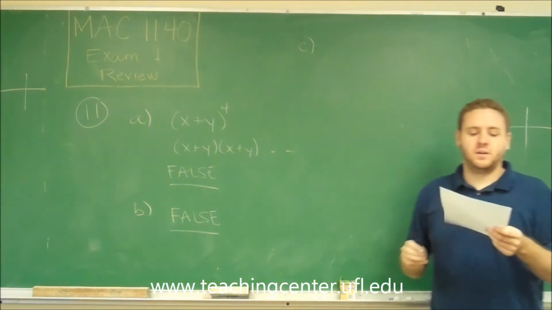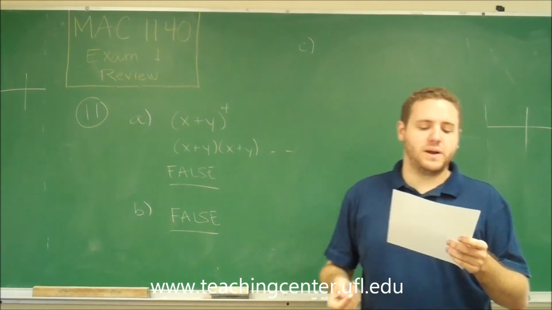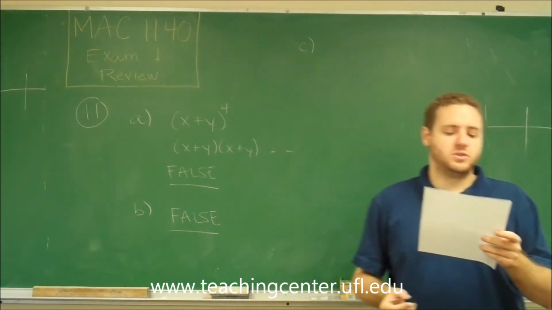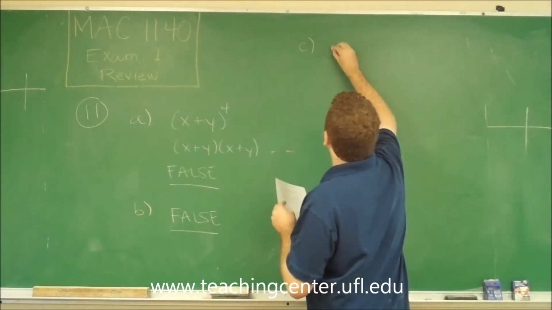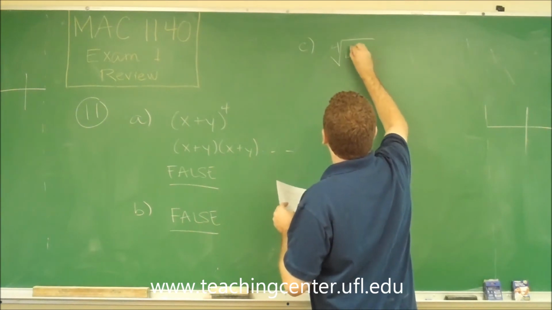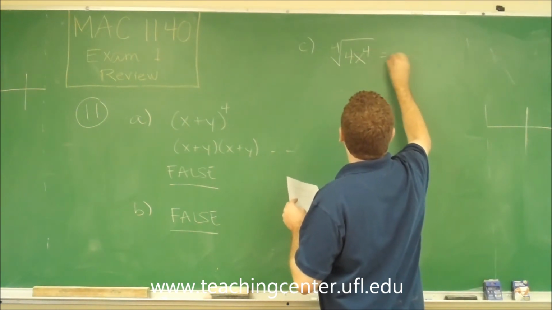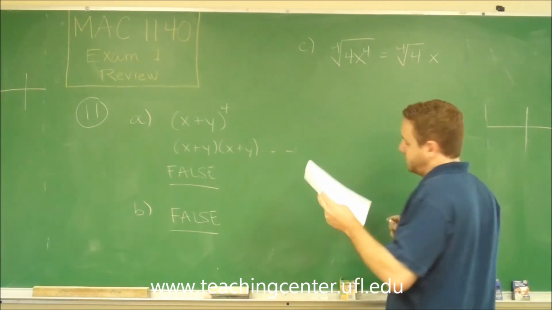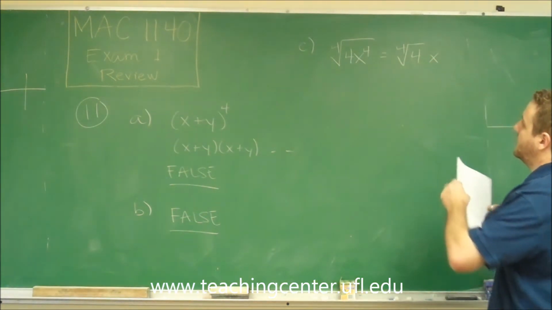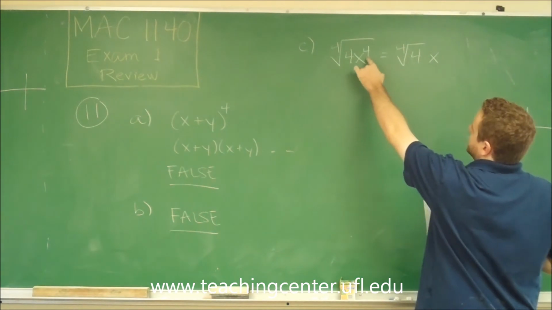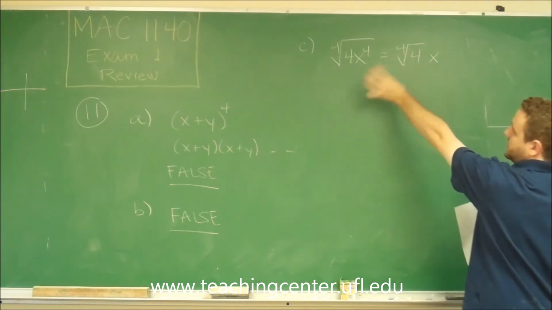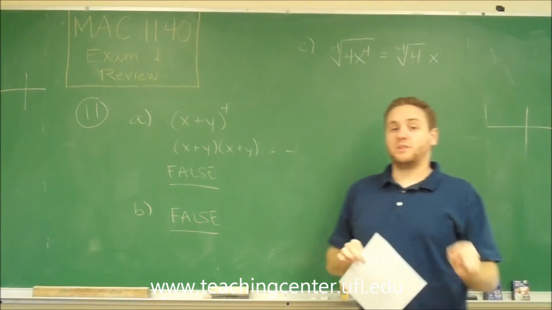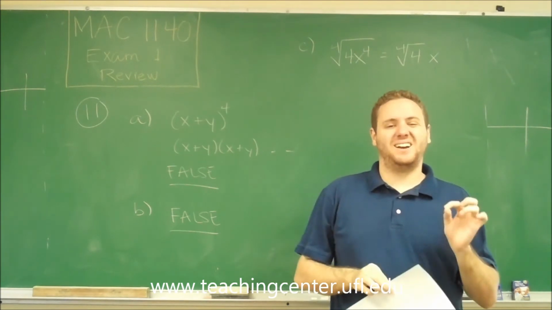Letter C. You have the fourth root of 4x to the fourth. Let me write this out so I can illustrate here. So this is saying that we can just say the fourth root of x to the fourth is x, and we'll just have to leave the fourth root of 4. Well, this one is almost right, but it's not quite.